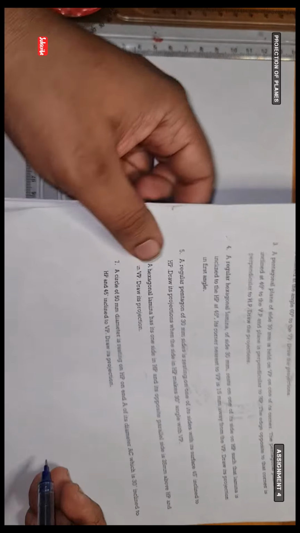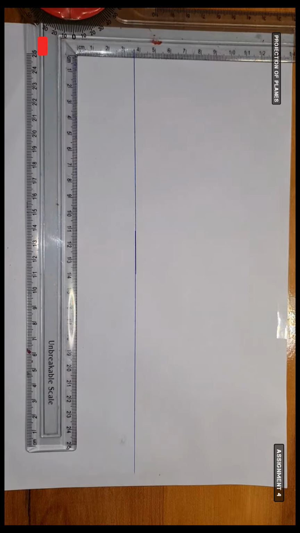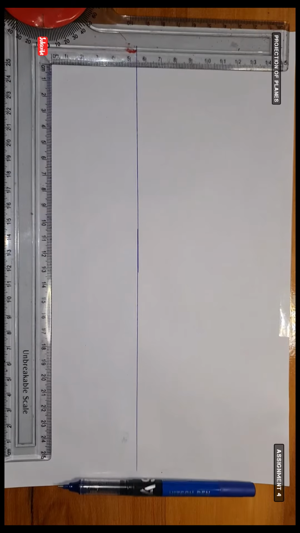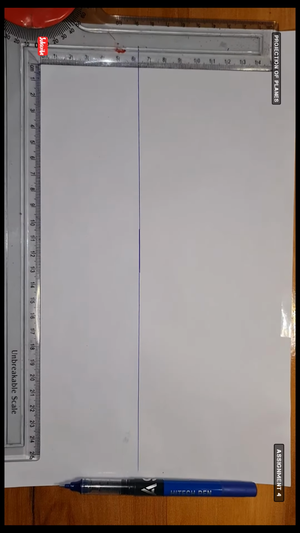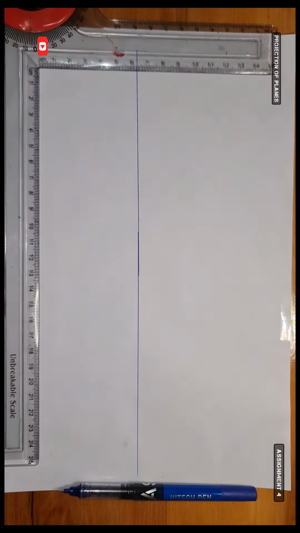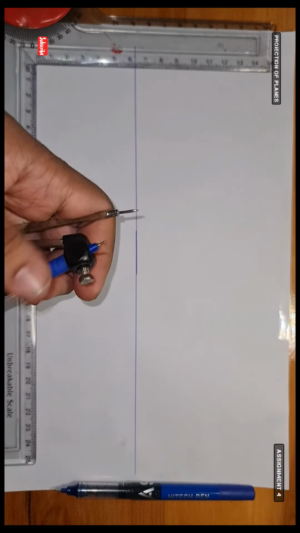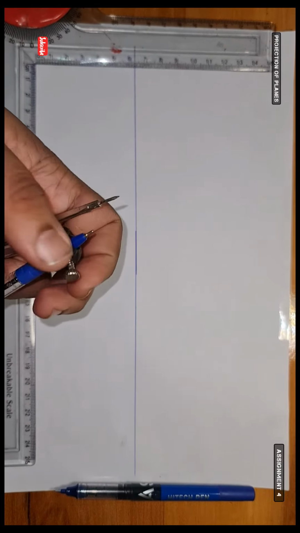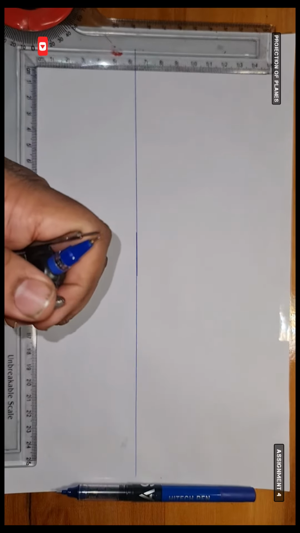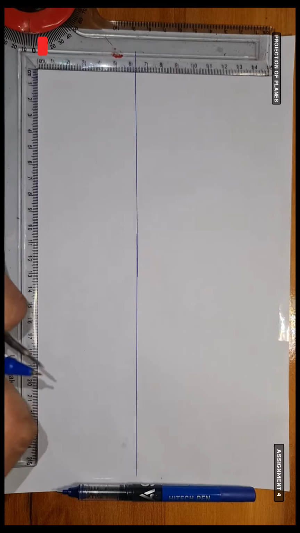So this would be a 3-stage question. So simply you have to start with a circle. We need to keep a pen inside this compass so that we can make a proper circle.